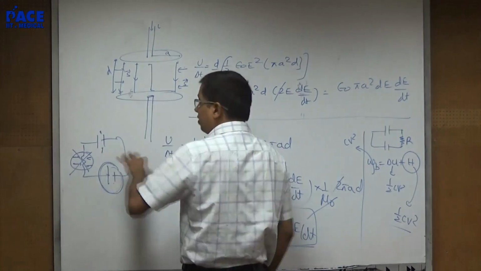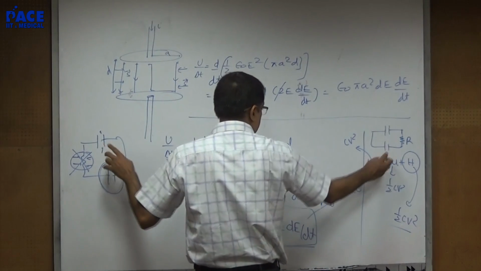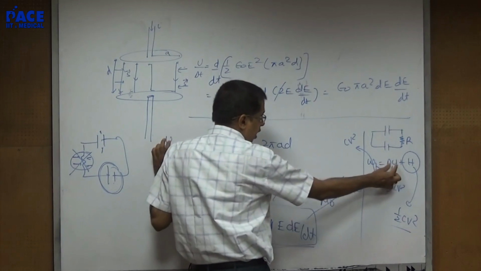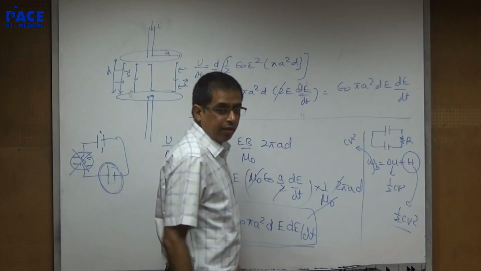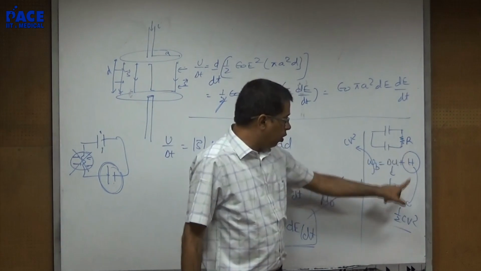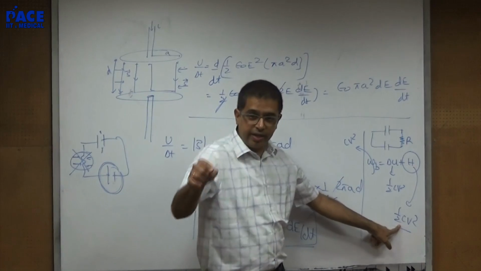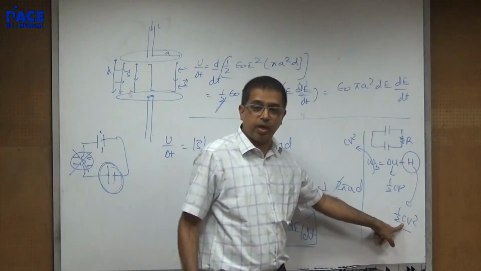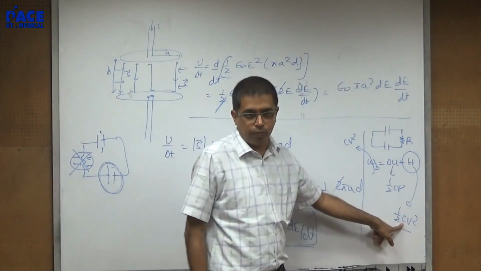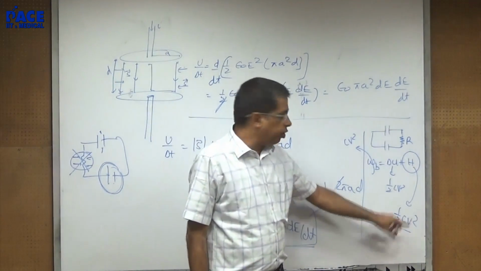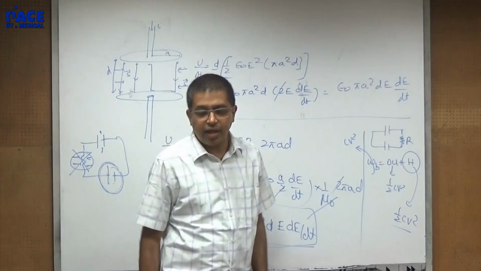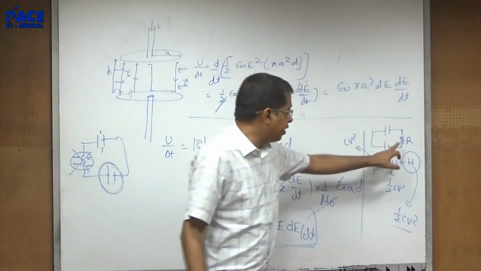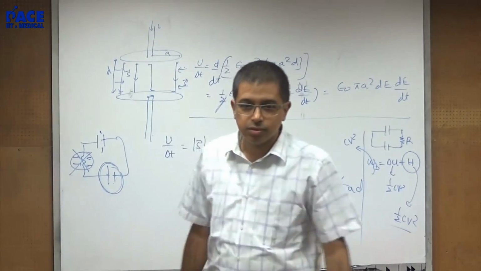We showed to you previously in electrical circuits that of the work done by the battery, half will go into the capacitor, half should be lost in the form of heat. There we told you integral I square R dt will turn out to be half CV square. Mathematically we showed to you. So you are telling me half the amount must be lost in the form of heat. I said yes. What if I don't have a resistor in the circuit?